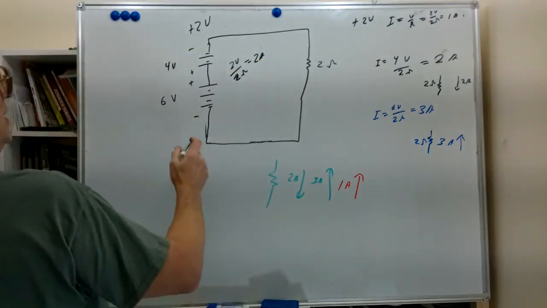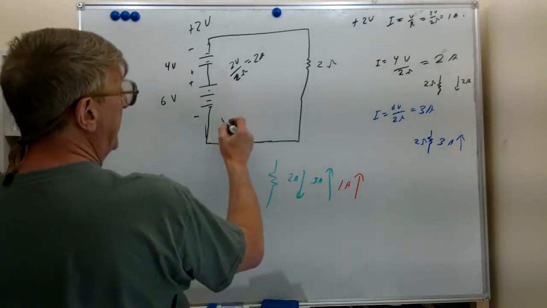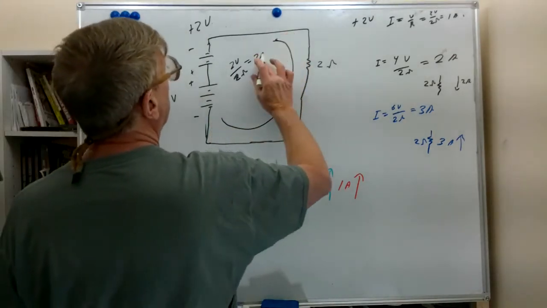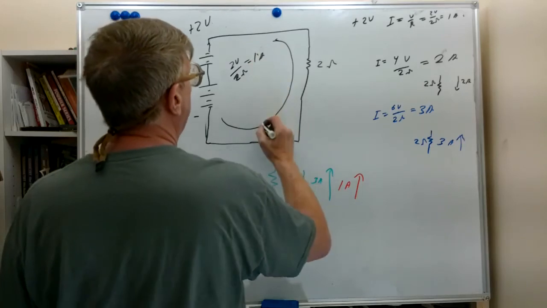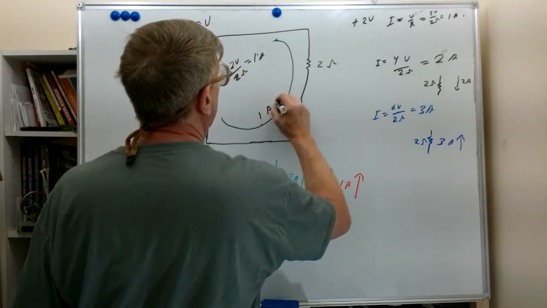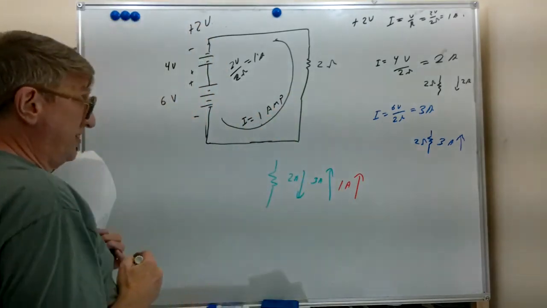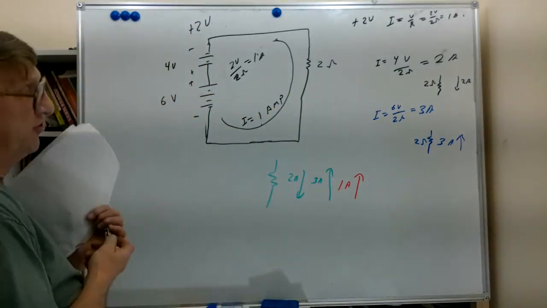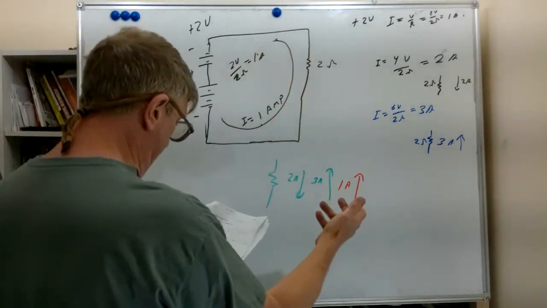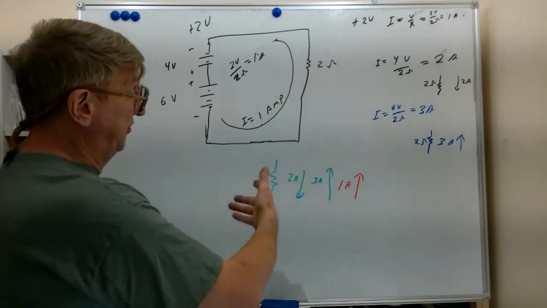And the lower side of this combined power supply was most negative, so we had our current this way. We have 1 amp, so we ended up with current I equals 1 amp in the upwards direction, which was the same thing we got when we solved this particular problem using superposition.